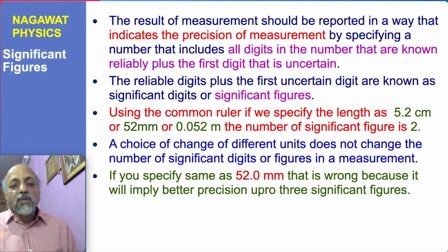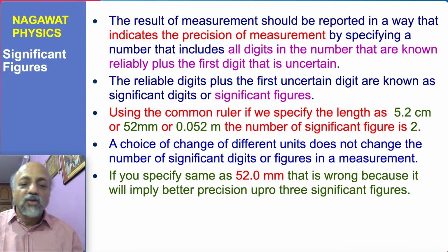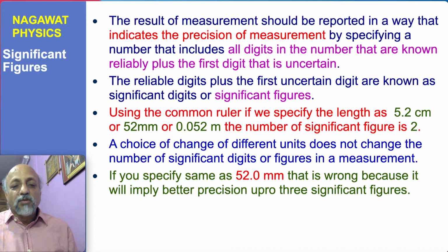It can be 51 millimeter or 53 millimeter, or the true value may be anything between 51.5 and 52.5. Since we have measured using a least count of 1 millimeter, we cannot specify more significant figures, even if we take repeated measurements.